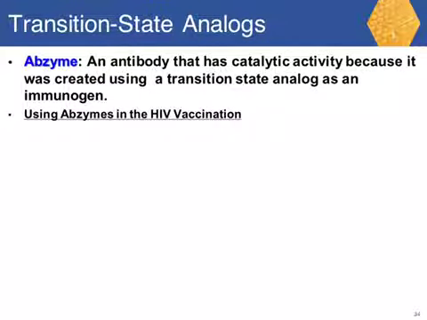And also a video clip on using abzymes in the HIV vaccination. So I know I flew through this. Again, I'm going to post all of the links in this PowerPoint that you would have seen in class as separate links in Edpuzzle so that you can view them if you want to.